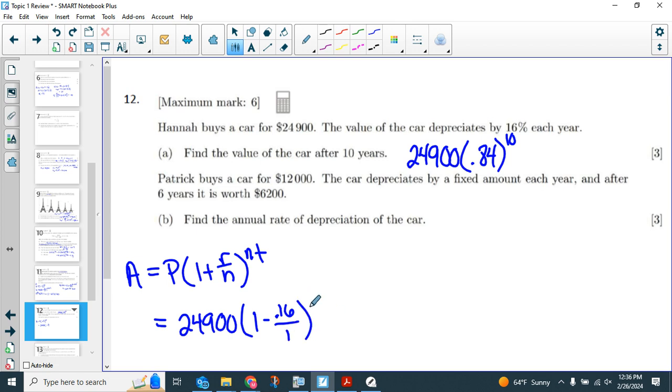We're just doing it once per year. So do we see how this is actually the exact same thing as this? 0.16 divided by 1 is just 0.16, 1 minus 0.16 is 0.84, and then 1 times 10 is still just 10. So whichever way you want to think about it, totally fine. I think of it this way up here.